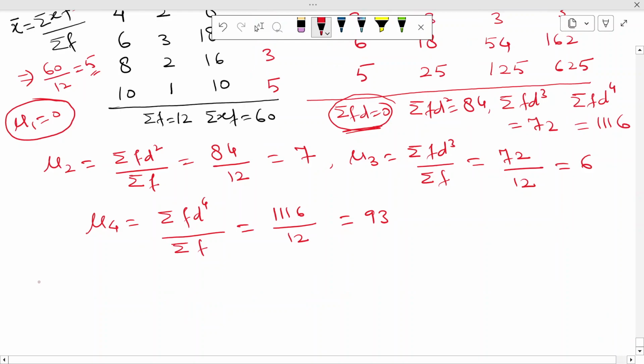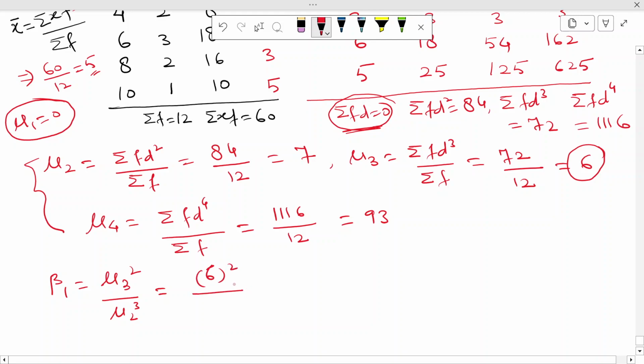Because we already calculated the central moments, we can directly calculate our beta 1, which is mu 3 square over mu 2 cube. The numerical value of mu 3 is 6, so this is the square of 6 divided by the cube of mu 2, which is the cube of 7.